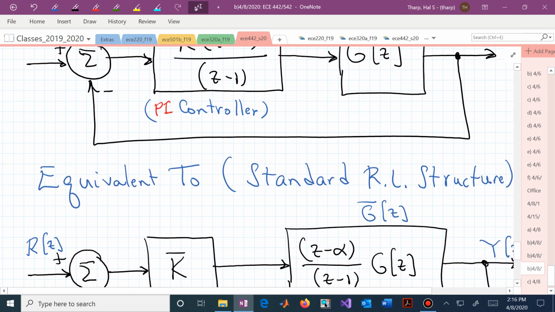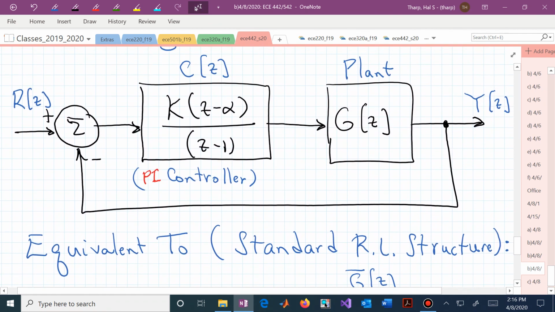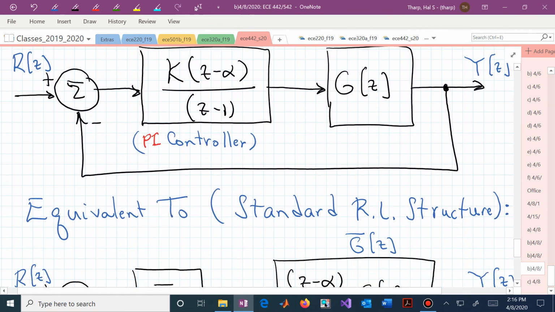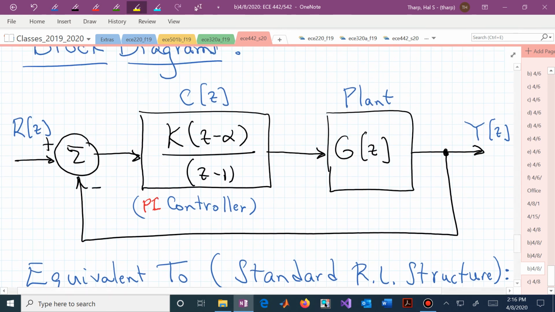Well, we can actually make this block diagram look like the standard root locus structure if we take this term and move it in here, and we take this term and move it in there. Now we can essentially isolate the adjustable gain k.